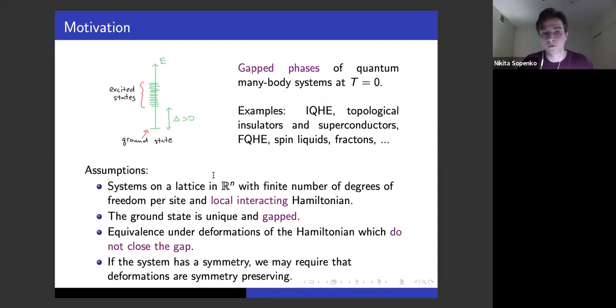So we have a unique ground state, and we have some excited states of this Hamiltonian, which are separated from this ground state by some finite energy, which is strictly greater than 0. And we want to classify such systems up to deformations of the Hamiltonians which preserve this gap.